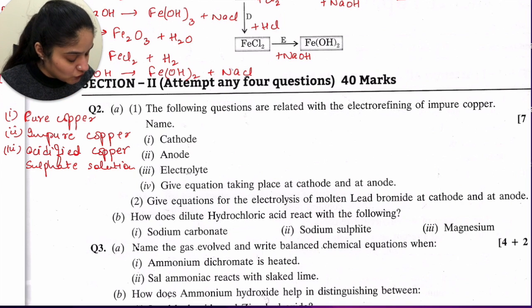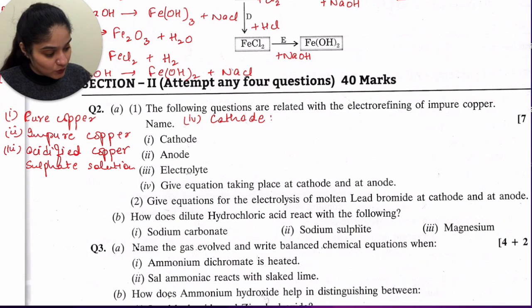Now the fourth part says to write equations taking place at cathode and anode. So I'm going to utilize the space right here. For the fourth part, I'll write cathode first. At the cathode, I will get Cu2+ plus 2 electrons, giving me copper. At the anode, I'm going to get Cu minus 2 electrons, and this will give me Cu2+.